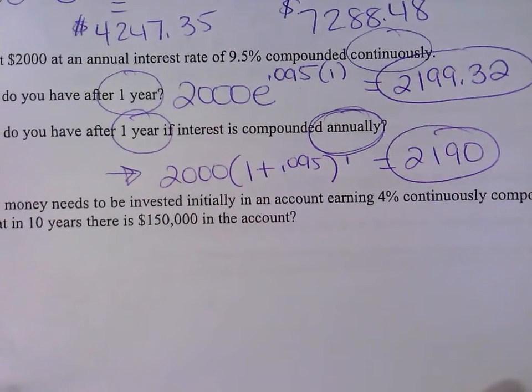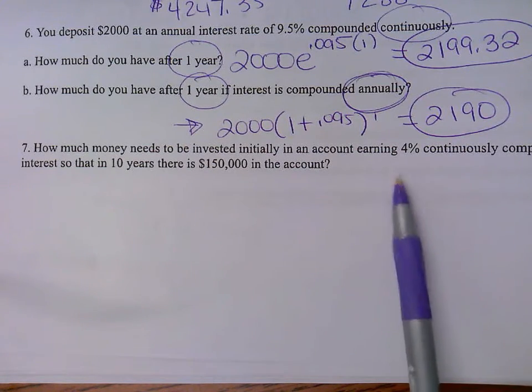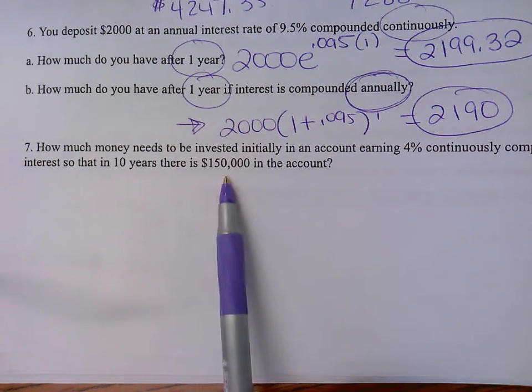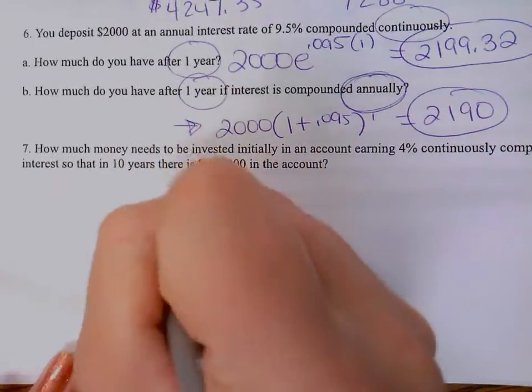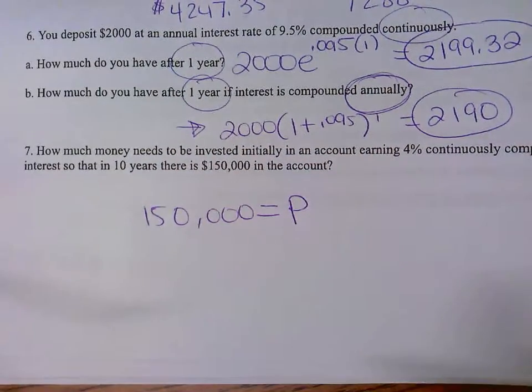All right, and then here is calculating a future value type problem. So how much money needs to be invested initially if you're going to earn 4% continuously compounded so that in 10 years there's 150,000 in the account. 150 is your end value, right? We do not know how much we need to invest for our principal.